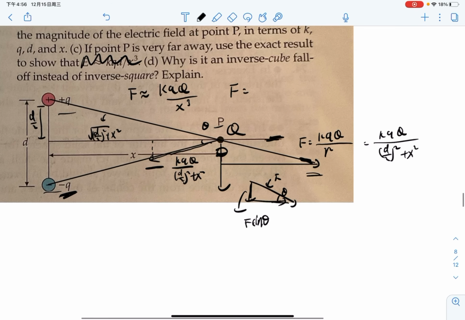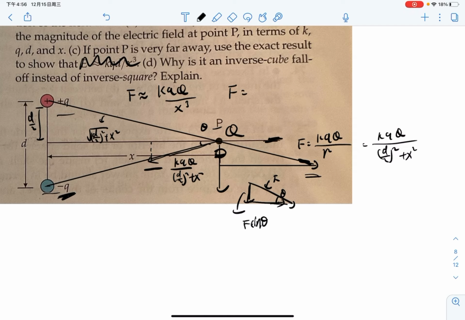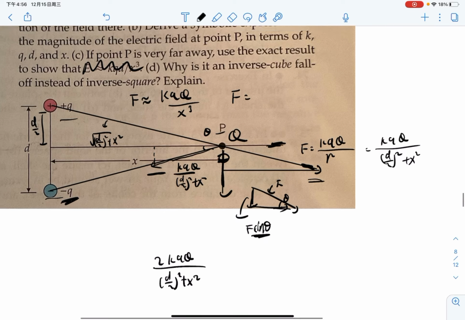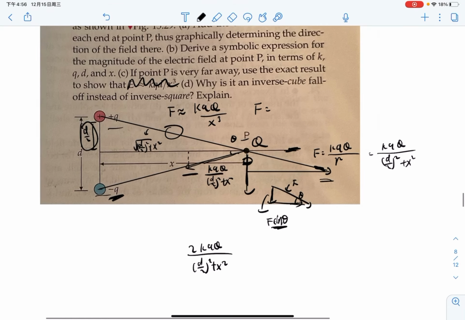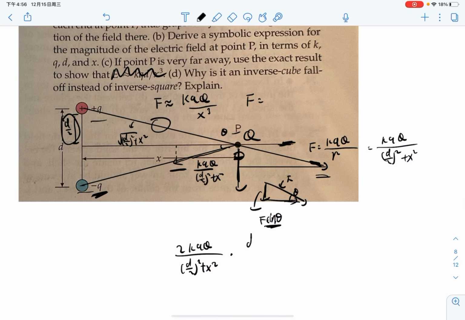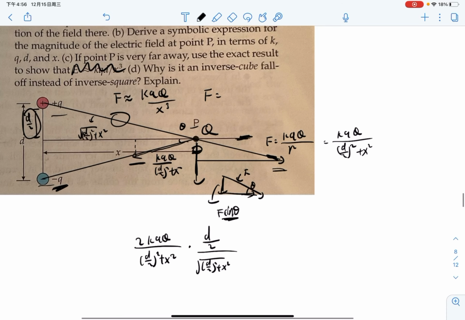Now if you add up the force in this direction, it is equal to 2 k small q big Q divided by d squared plus x squared, times sine theta. And sine theta is equal to this side divided by this side, which is d divided by 2 times this. And when x is very, very large.